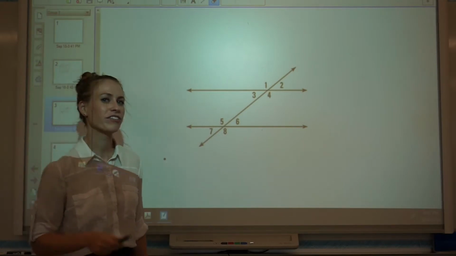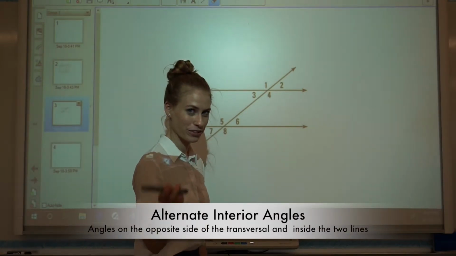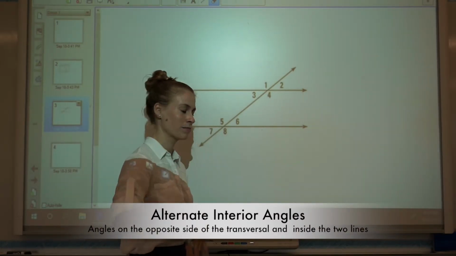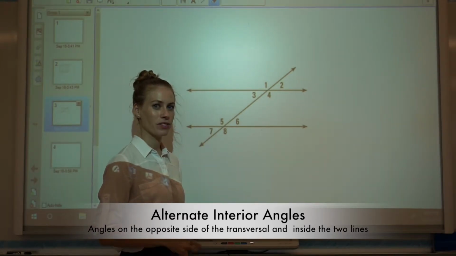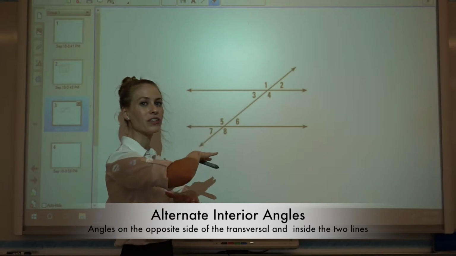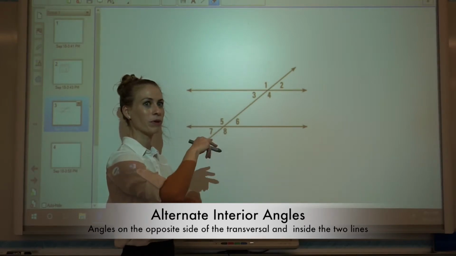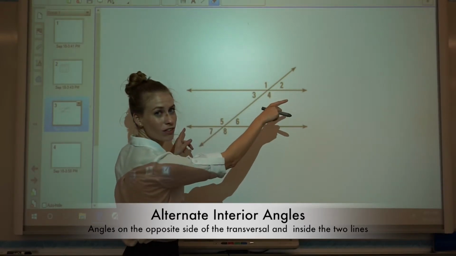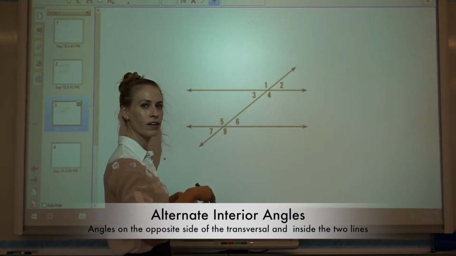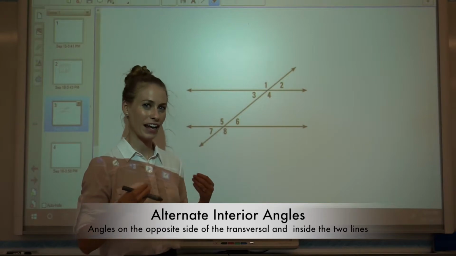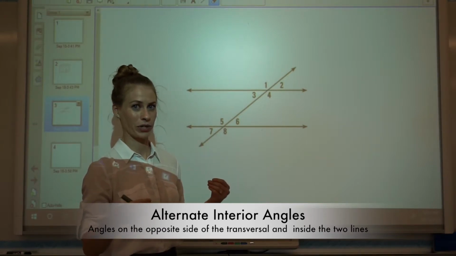Okay, alternate interior angles. Let's see if we can find some. All right, so those are angles that are going to be on the inside of the two lines, but they're going to be on the opposite side of the transversal. Now, once again, if these two lines are parallel, then the alternate interior angles are going to be congruent.